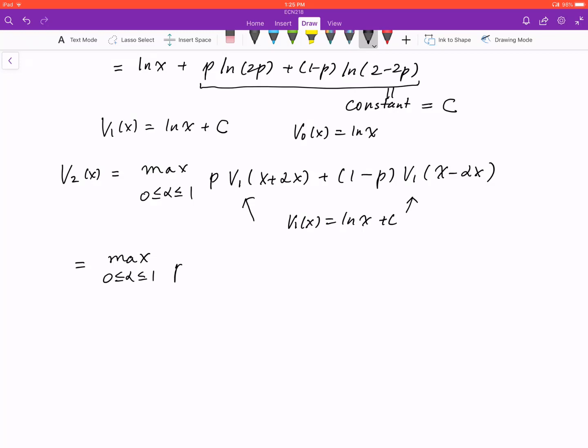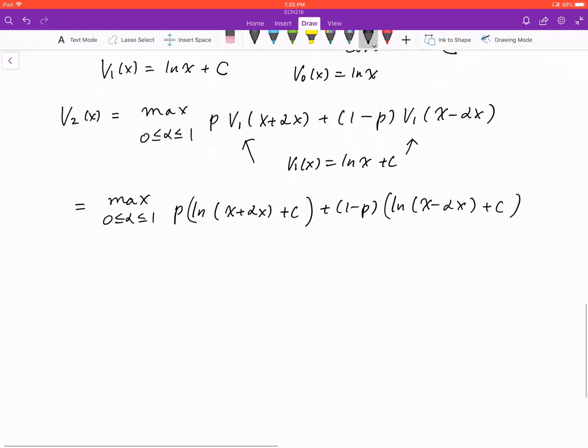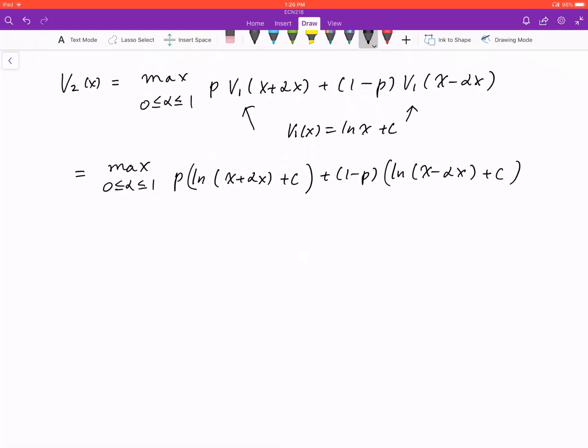And we have p over here. Just do it very carefully. It's log. Now x becomes x plus alpha x plus c. Put a pair of parentheses over here. And then (1 minus p). And then here again, log. Now x becomes x minus alpha x and plus c, because we are using v1 now. So if you look at this expression, this is very similar to the previous one, but let's try to see what we have.